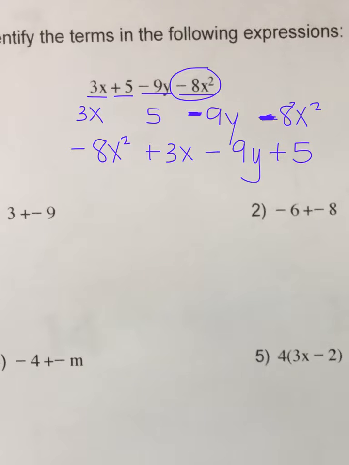Notice that when I read the negative 8x squared, I call it negative 8x squared. But when I'm reading this one in the problem, I say minus 9y. But up here, I called it a negative 9y because it's the same thing. Minus and negatives are the same thing.